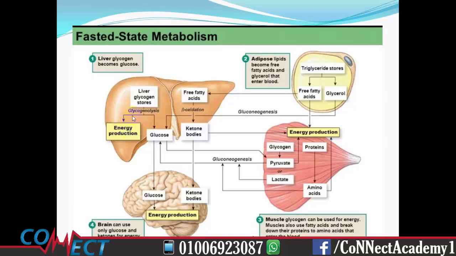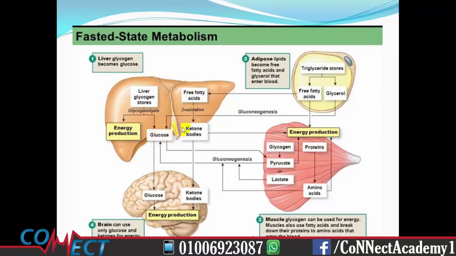Okay, so actually it provides glucose that goes into the bloodstream, which is a very important fuel to the brain. That's why we keep alert while we fast. But the liver glycogen lasts only a few hours of fasting, 3 to 4 hours, maximum 6 hours.